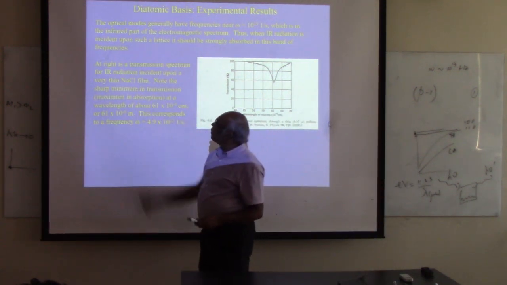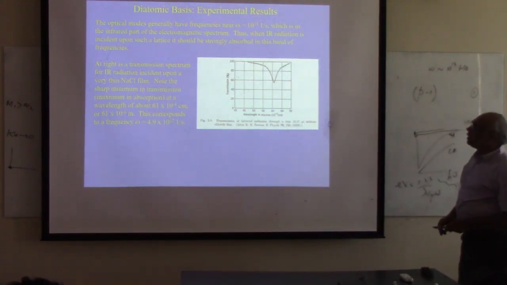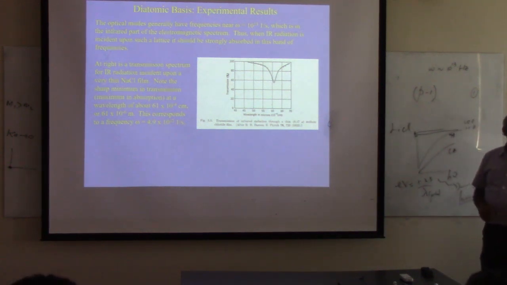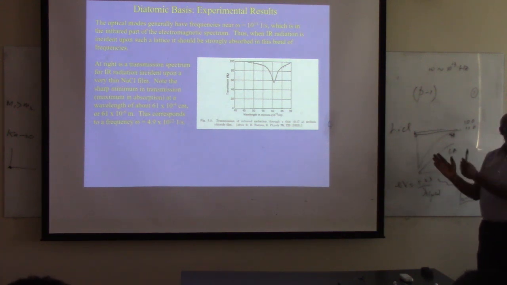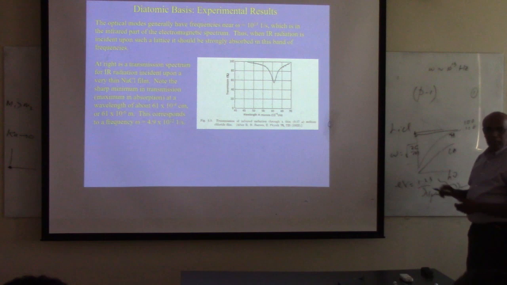sodium chloride film. If you do this for lithium chloride, what do you expect? Lithium has lower mass, right, compared to sodium. That means your frequency goes like the square root of 2C over m, right?